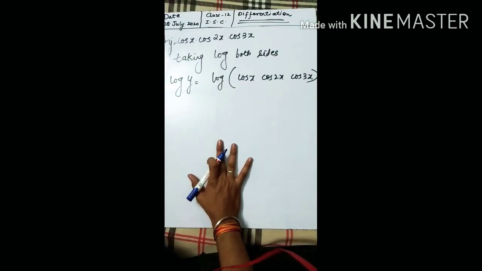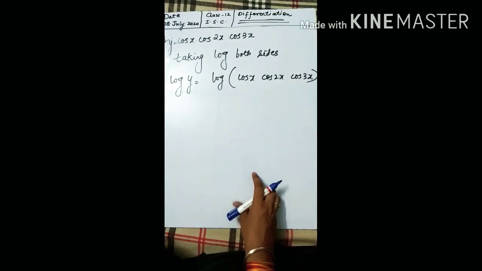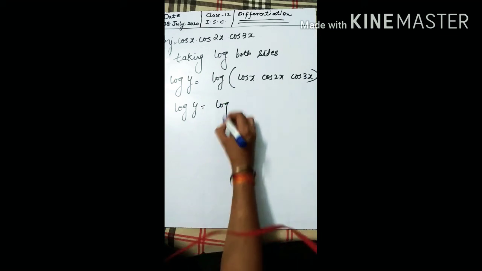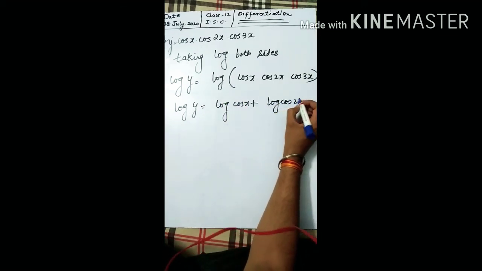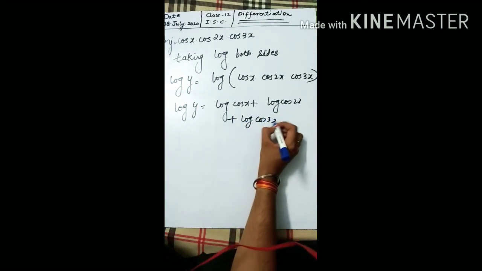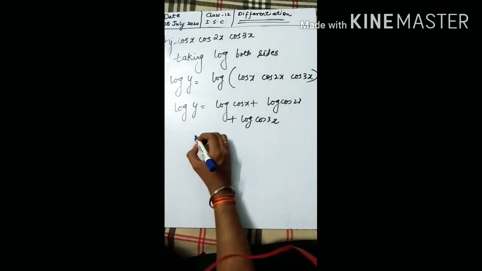Now by the property of log, we know that log m into n is log m plus log n. So similarly here log y is equal to log cos x plus log cos 2x plus log cos 3x. Now you differentiate.